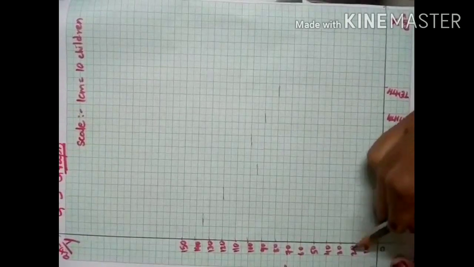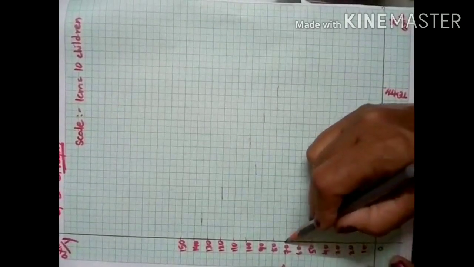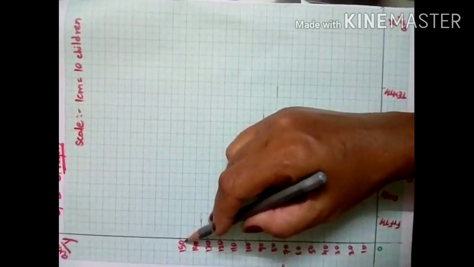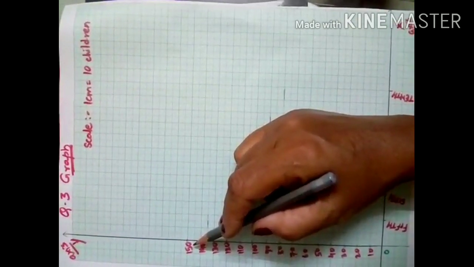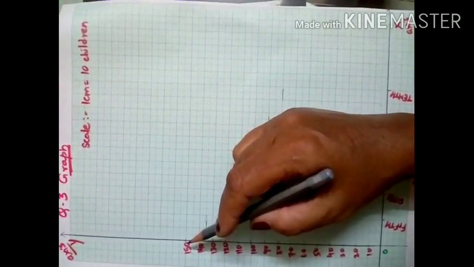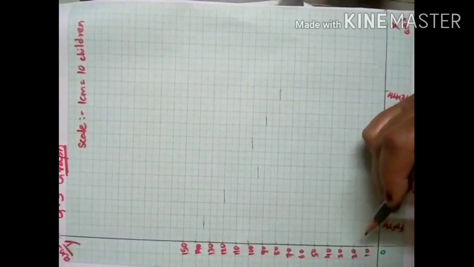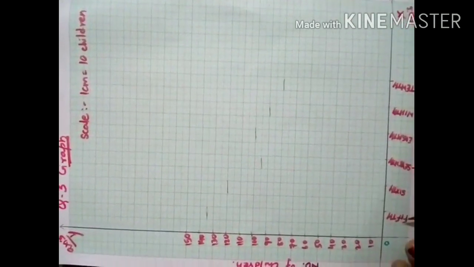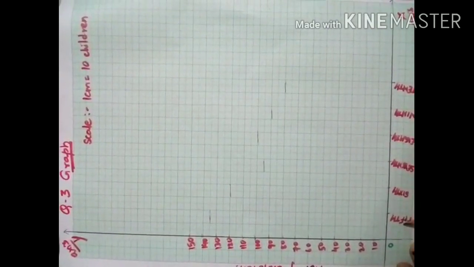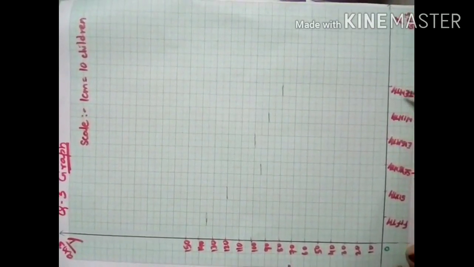So here 10, 20, 30, 40, 50, 60, 70 up to 150 we will take, because maximum is 135 and minimum is 80. So we will get up to 135 in this graph. And classes we will take at equal distance, 5th, 6th, 7th, 8th, 9th and 10th.